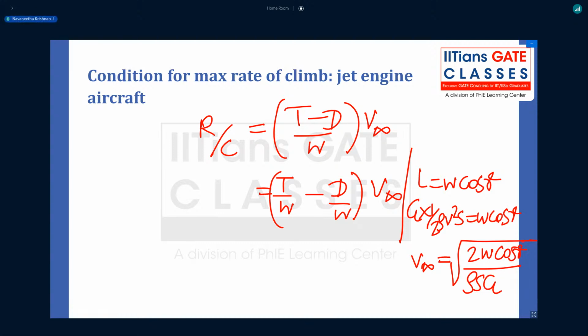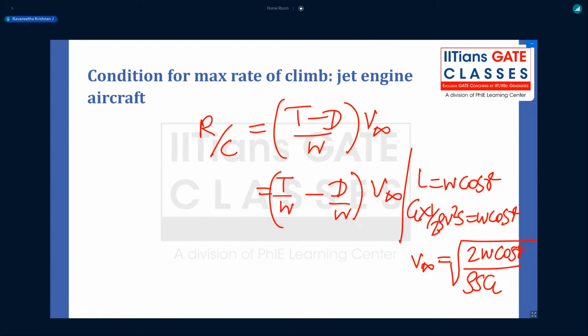Since gamma is a very small angle, most climbing flight is always less than 15 degrees, so cos gamma can be taken as 1 itself.